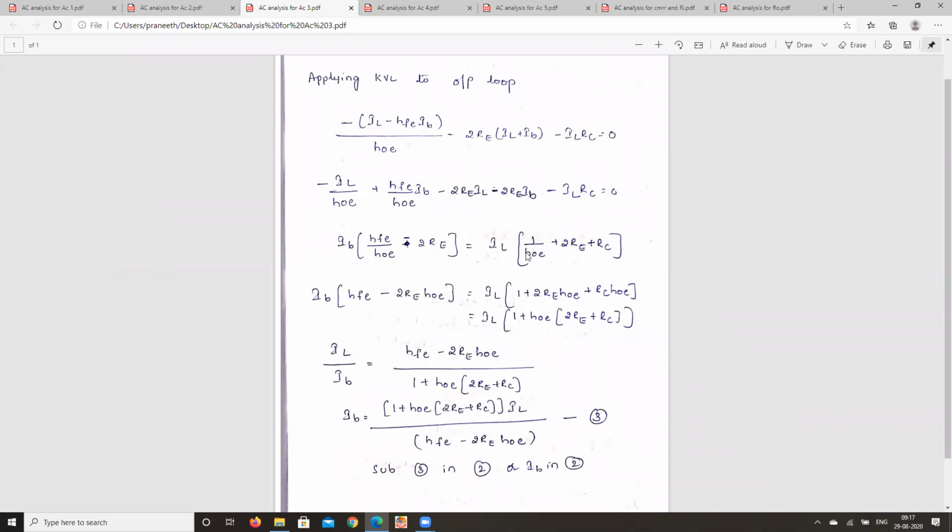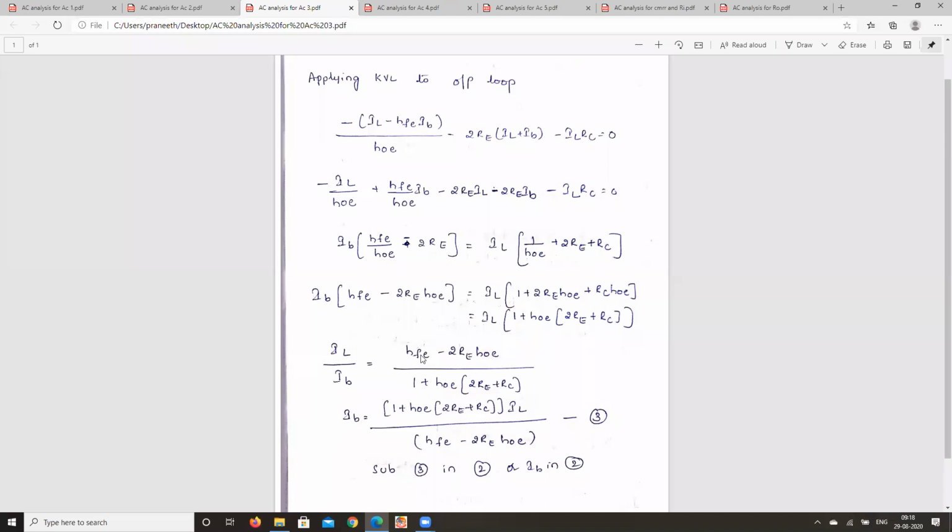I have simplified this term by taking the LCM. So I got 1 plus 2RE HOE plus 2RC HOE, and in both the terms HOE gets cancelled. From this expression I have taken IL by IB equals (HFE minus 2RE HOE) by (1 plus HOE into (2RE plus RC)).